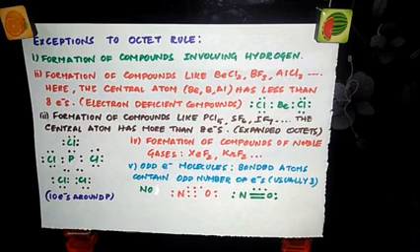This octet rule was framed by looking at the noble gases. All the noble gases, except helium, have 8 electrons in their valence shell, and that's the reason they were very stable. So based on this octet rule, noble gases which have already completed octets, or a doublet in the case of helium, should not form compounds.